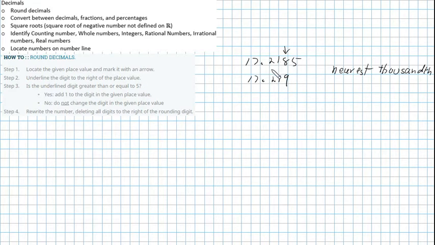Another thing I want to point out here is that the rules that we see here are not the only rules that exist. For example, accountants have a different way of rounding off, and we won't get into that. Perhaps you can look it up and see it for yourself. Likewise, we don't always tell you to round off to the nearest thousandth or hundredth. You can round off in terms of significant figures.